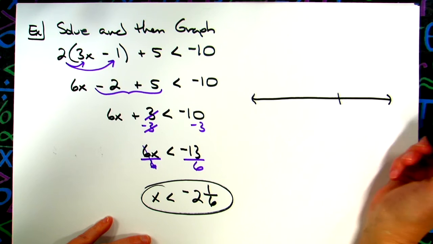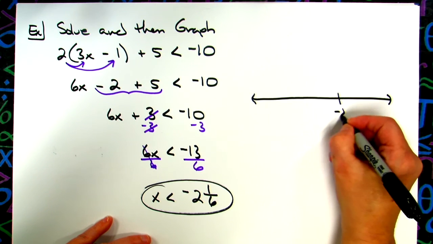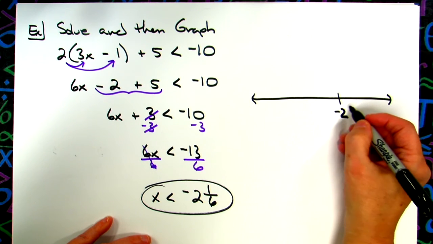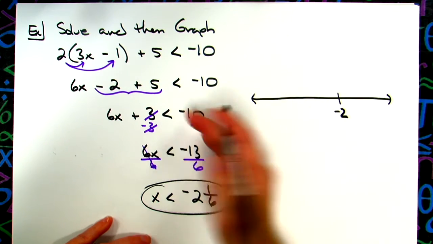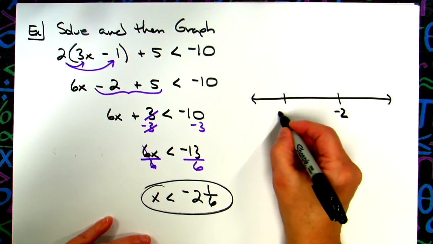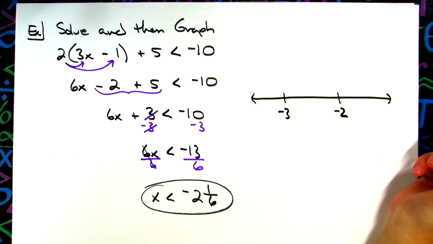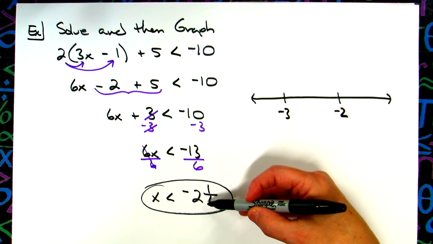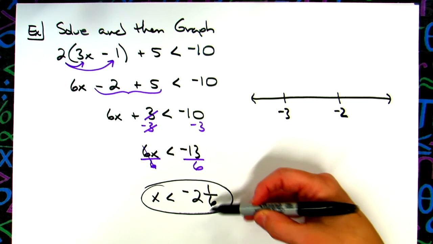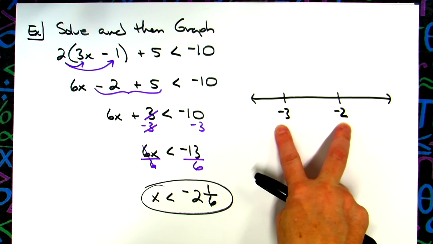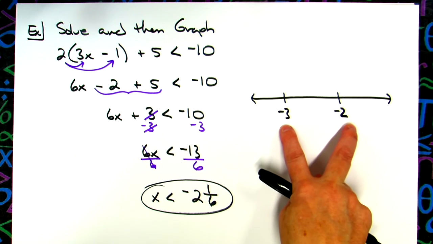I do get crazy with my number line sometimes. There's a -2. The -3 would be to the left. All right, and so I don't have a single number that I put in the center because this one is in between two numbers. So if you have a mixed number that's in between, put both of the two numbers that it's in between.